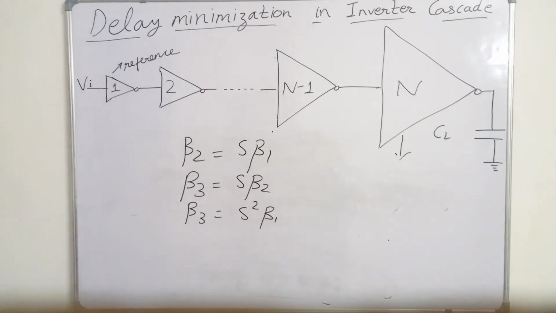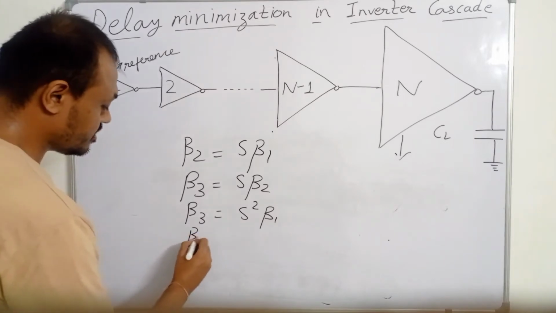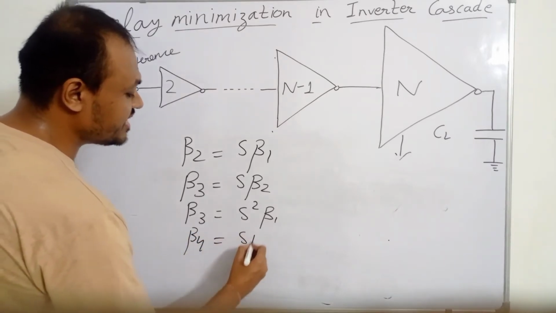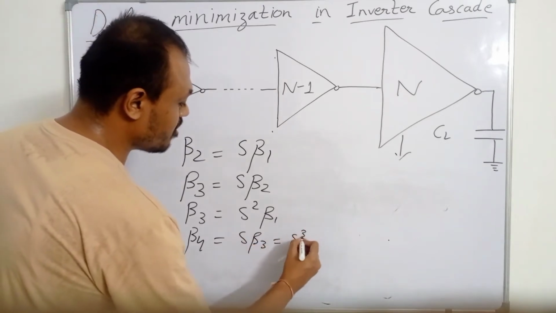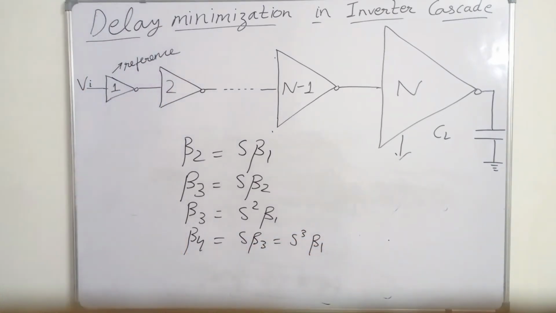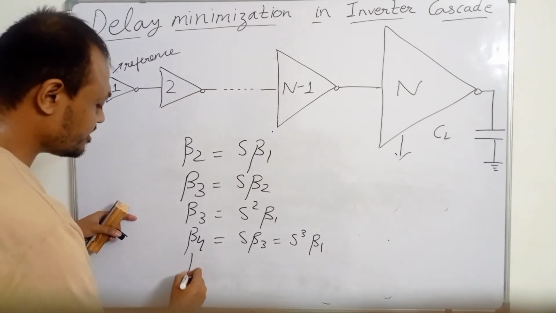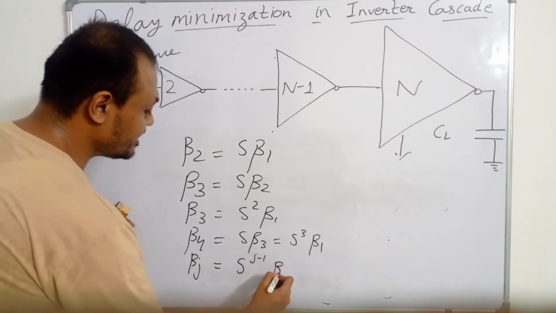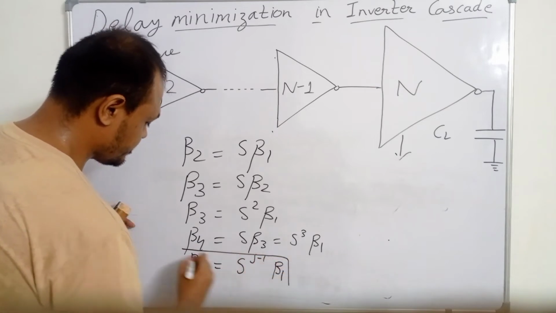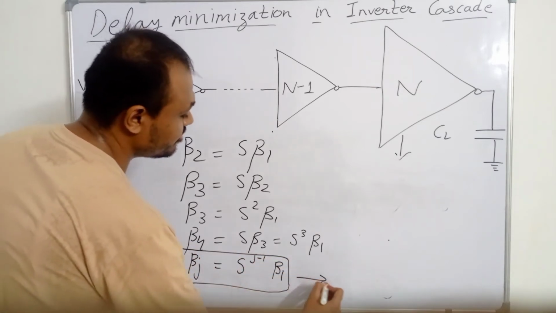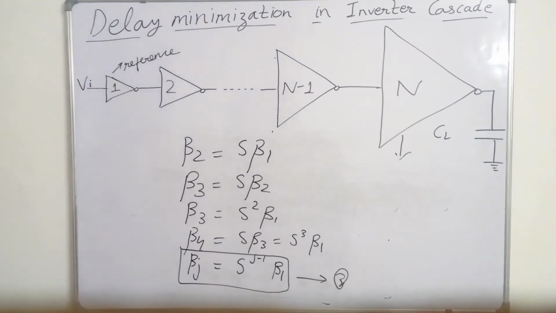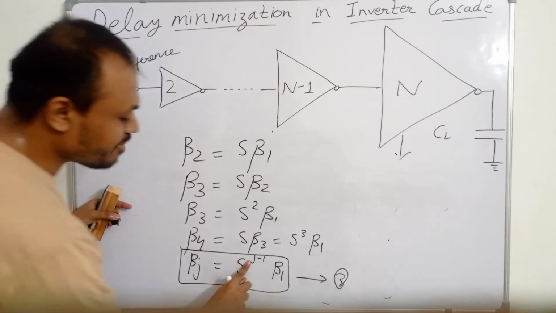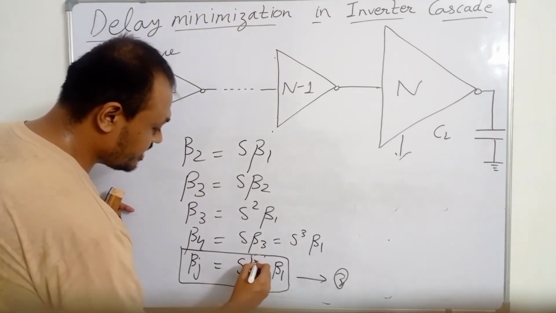So what we can write is that beta 4 will be equal to s of beta 3, which will be equal to s cube of beta 1. In the general form, we can write beta j is equal to s to the power of j minus 1 into beta 1.